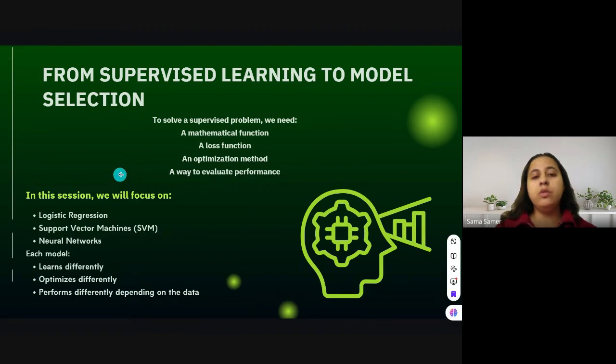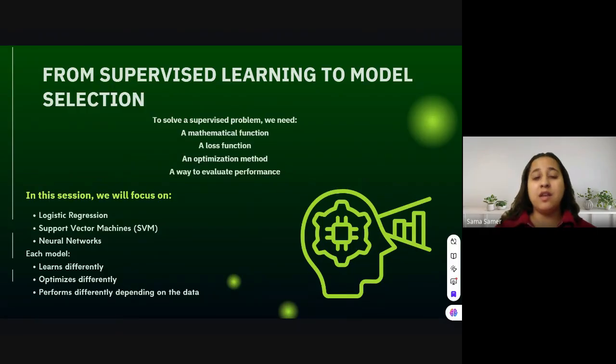In this session, we will focus on logistic regression, SVM, and neural networks: how each model learns, how to optimize each model, and the performance depending on the data. Take care that choosing the model depends on the data.